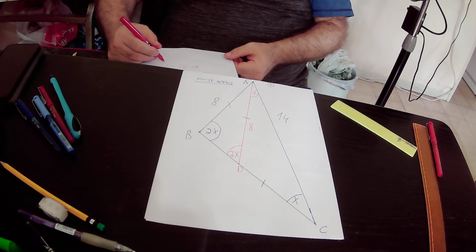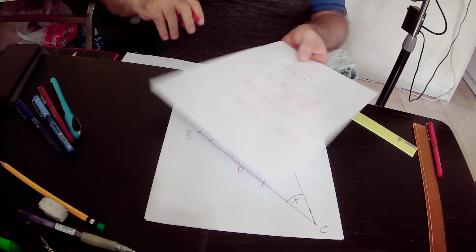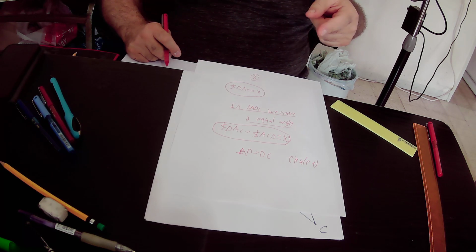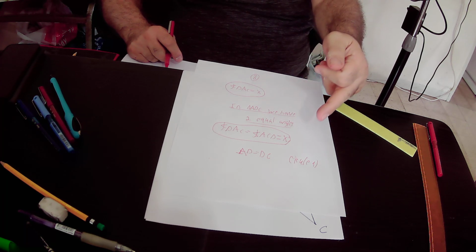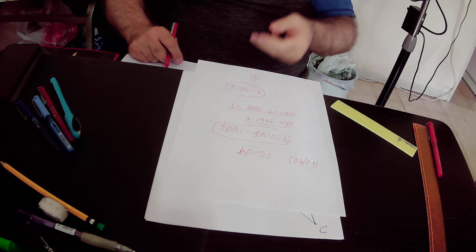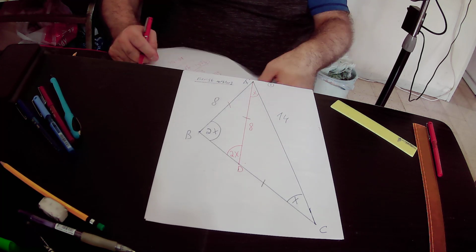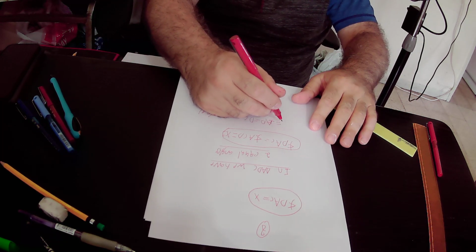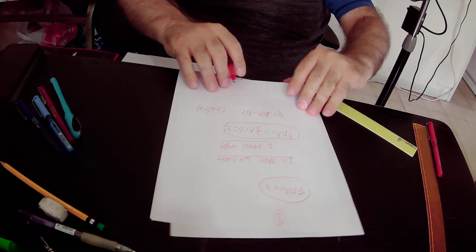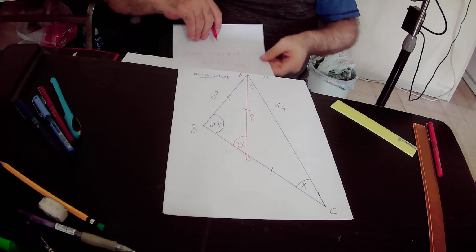Okay? According to rule number 1, in triangle ADC we have two equal angles, therefore AD equals DC. But we have already found out that AD equals 8 units in size.